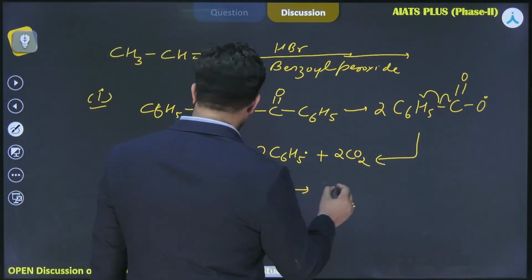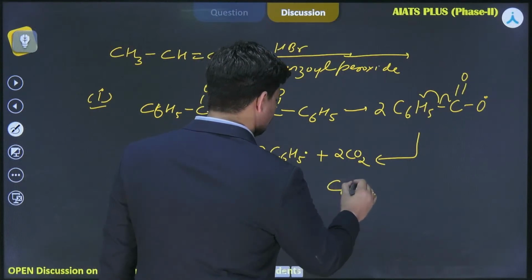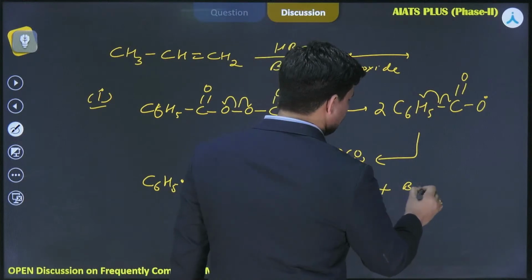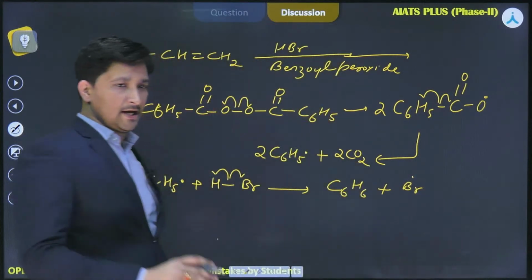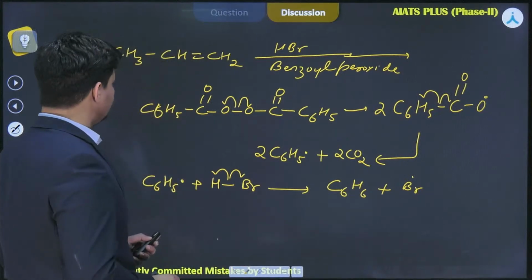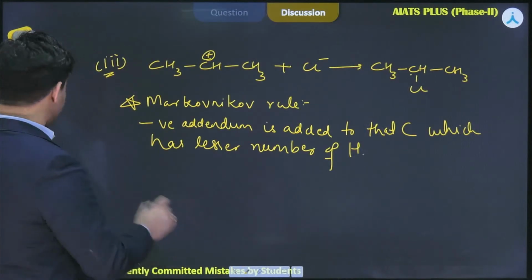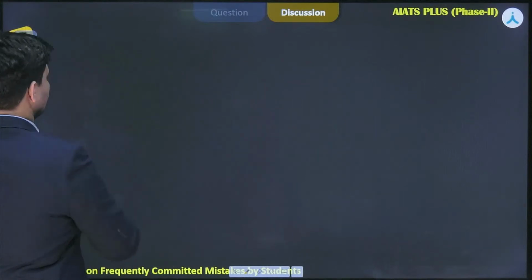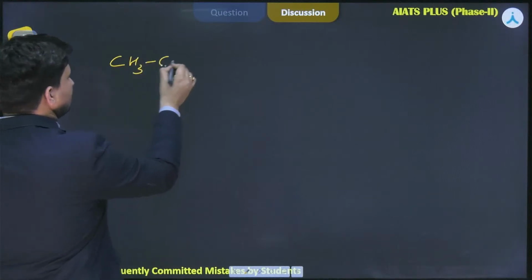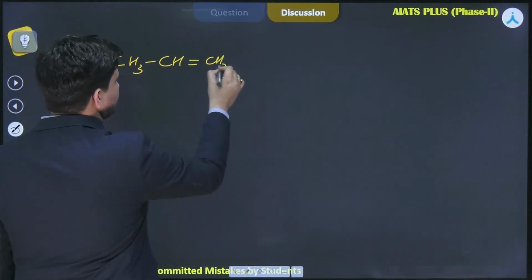So what is going to happen here? This C6H6 plus Br free radical. Now this Br free radical will follow the further steps in the mechanism. You can see in the second step CH3, CH double bond CH2.